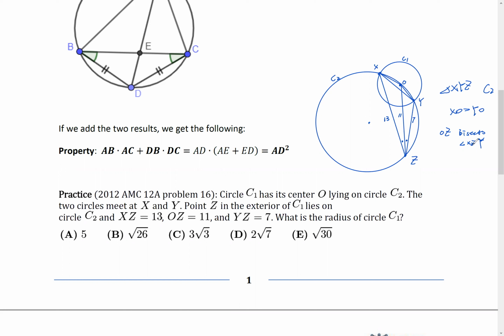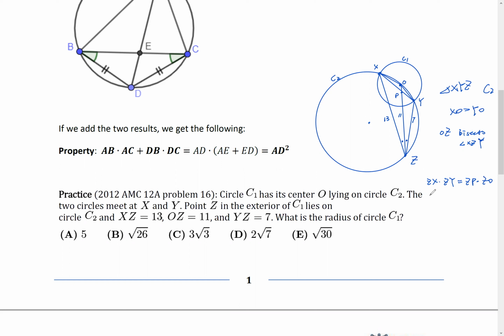Now what? We're going to use our little property. ZX times ZY, both of them I know. I know ZX, I know ZY. I would like to try my little property, see where it can get me. Call this point P. Supposedly this should equal ZP times ZO.